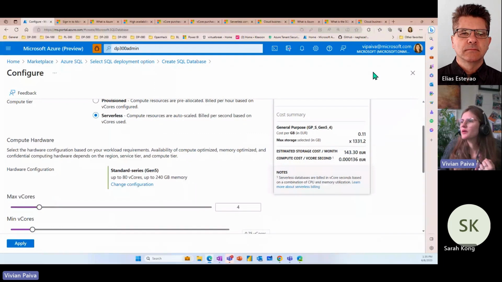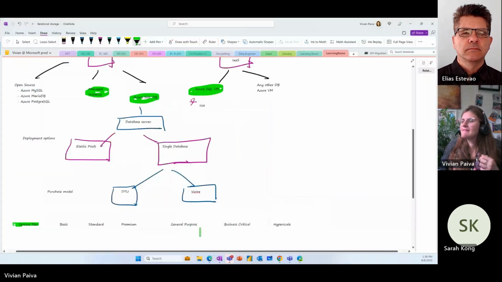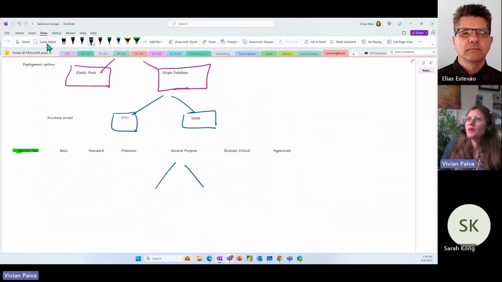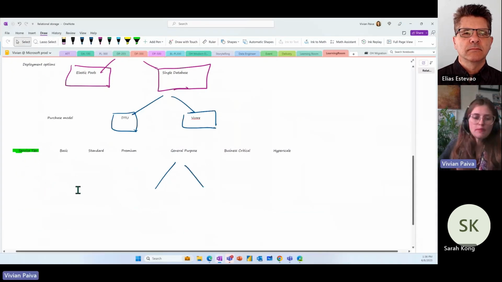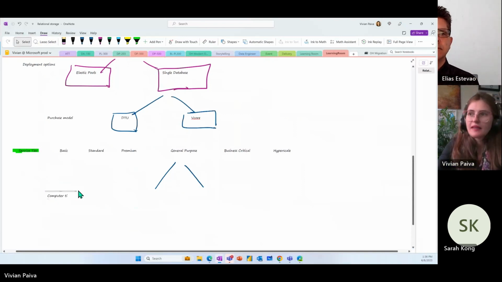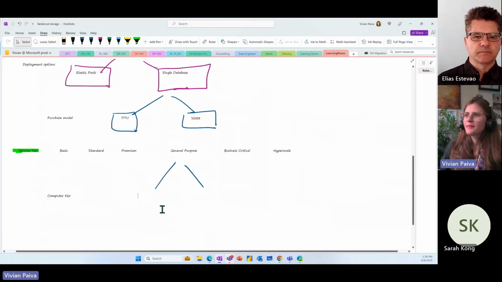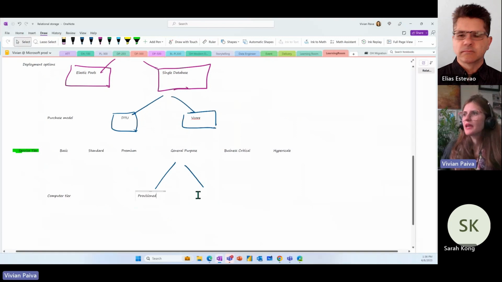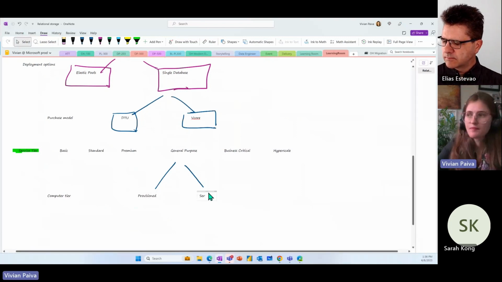Okay, so let's fill our whiteboard. When we talk about general purpose, we also can have the compute tier, and then we have provisioned, and then we have the serverless option.